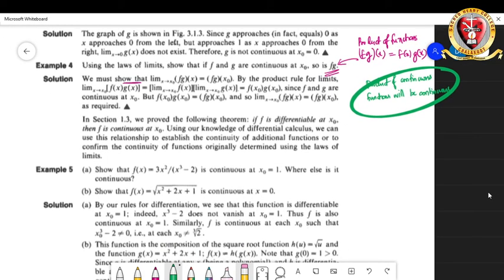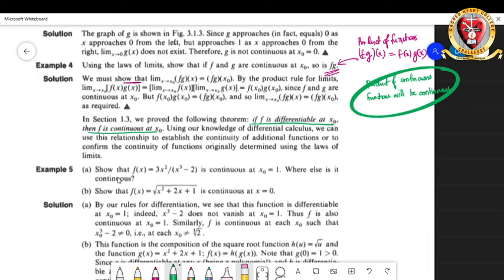And also, in the earlier section, which is section 1.3, we had proved that if a function is differentiable at x naught, the function will be continuous at x naught. So the continuity can be inferred from the fact that a function is differentiable also.